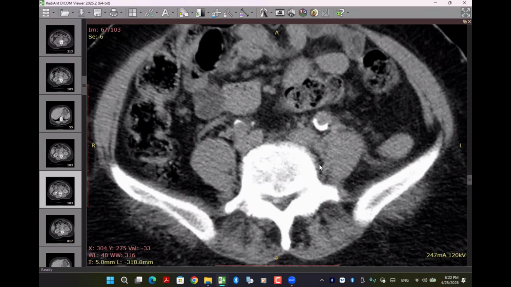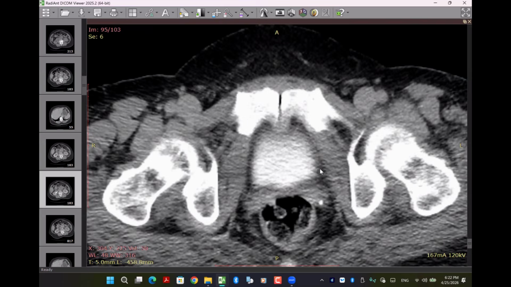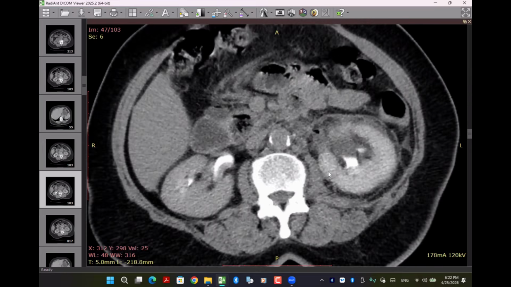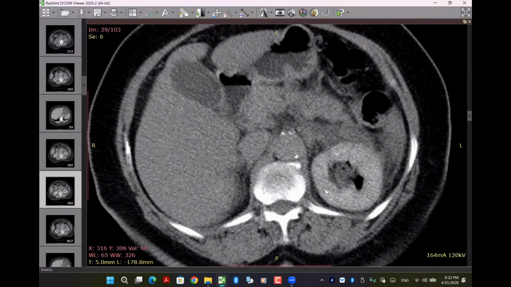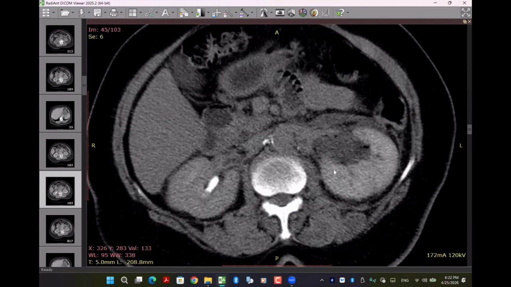I can again appreciate the same findings with delayed excretion of the left kidney. So can we call it an obstructed kidney? Yes, this is an obstructed kidney with no excretion in the left ureter.